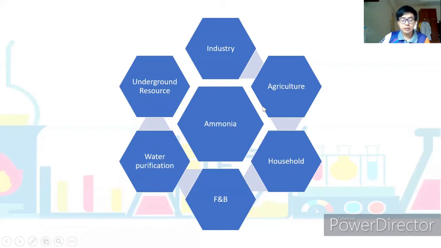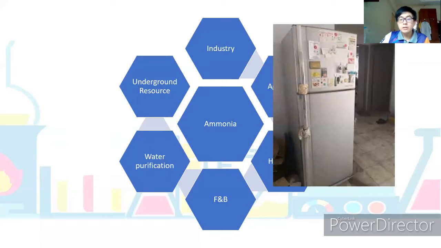In the food and beverage sector, it acts as a refrigerant gas. So it cools down the environment so that it gives a cool temperature. So it helps keep your food cool, and especially in some very big companies or big industries, they also use ammonia gas as their cooling agent.